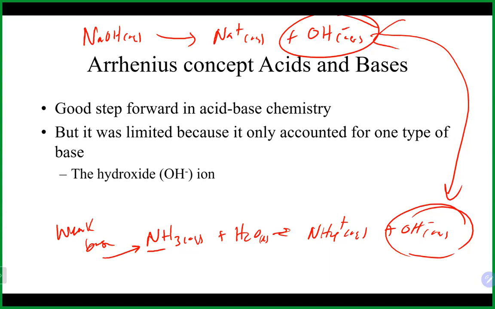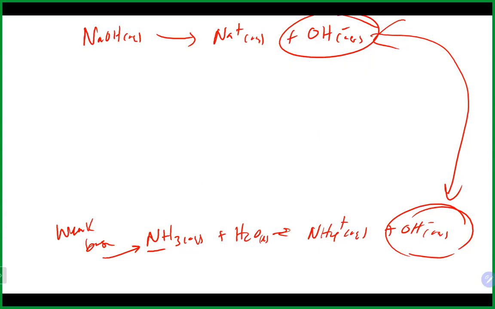So when we talk about acids, just to step back for a second, when we're talking about the difference between H plus and H3O plus, and that they are really the same thing, we can represent an acid dissociating or breaking apart by this type of equation here, where we take some HCl and it'll break apart into H plus and Cl minus.